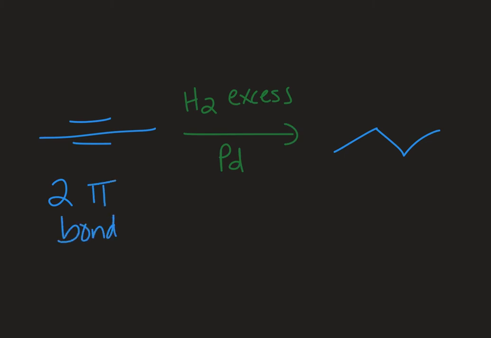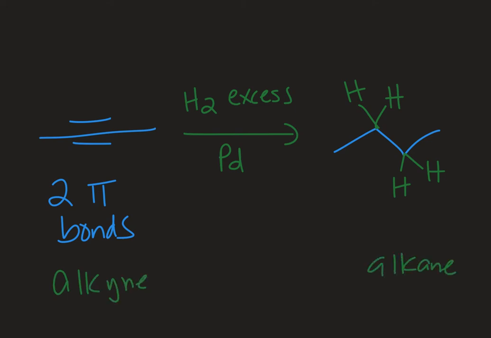So I'll get a total of 4 hydrogens added to the molecule. So one equivalent is added and then a second equivalent. So I'm going from an alkyne to an alkane with this reaction. This is a reduction reaction because I'm adding hydrogen.